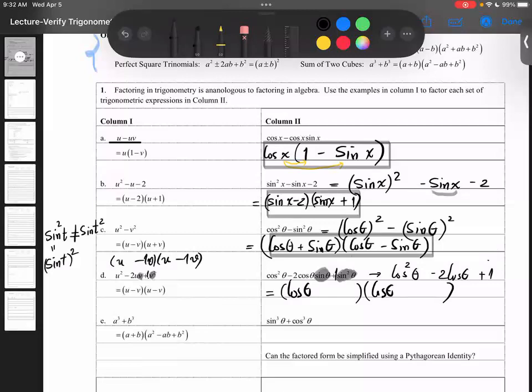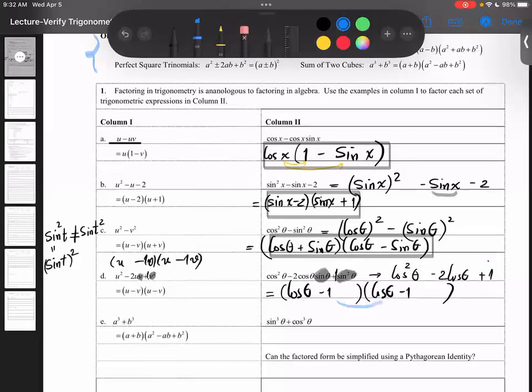Now I want you to find two numbers that multiply to 1 and add to -2. Yeah, -1, -1. And then you check. Don't write this step down. Cosine times cosine is cosine square theta. -1 times -1 is +1. And now you check for the middle term. Negative cosine gives me -2 cosine.